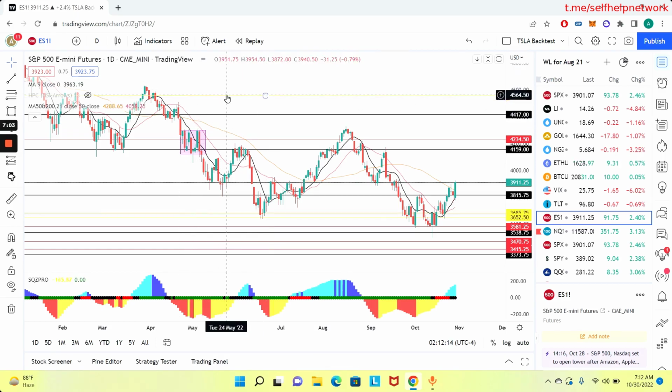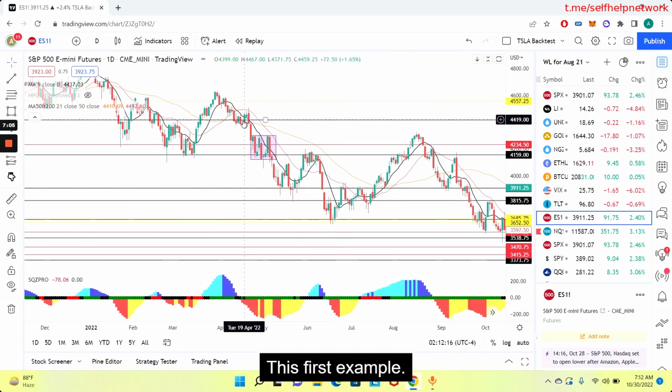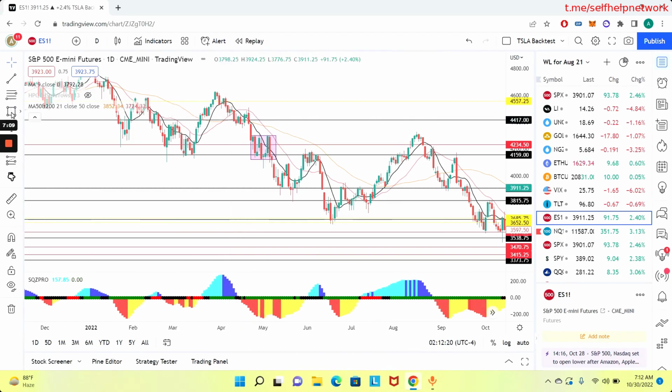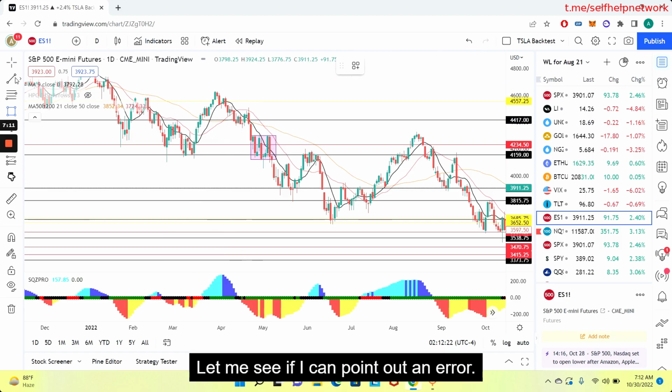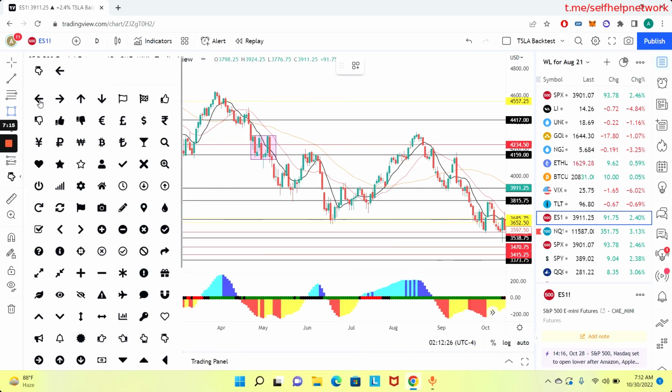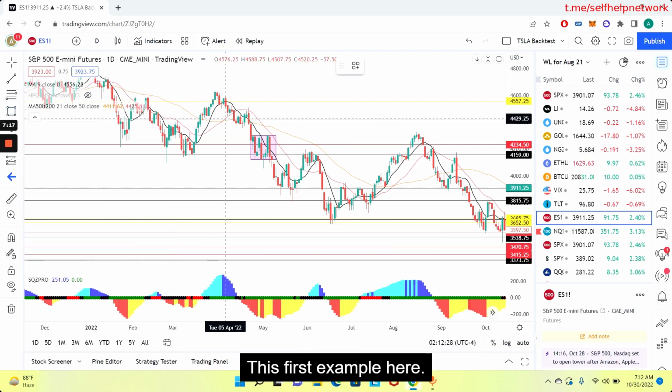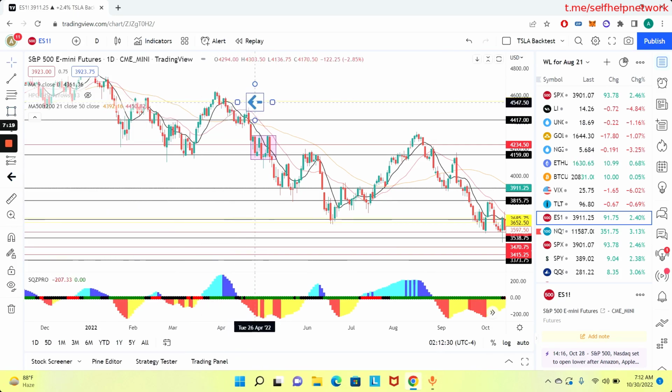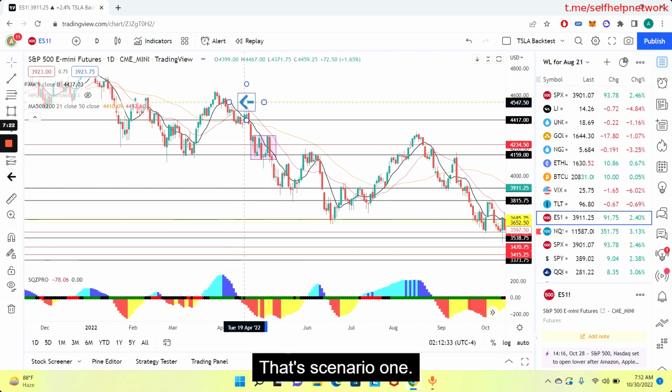So I will point out this first example, the one on 6th April. Let me see if I can point out an arrow. This first example here, that's scenario 1.